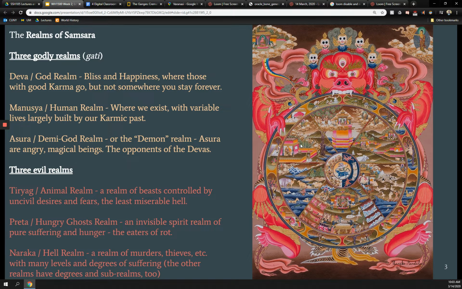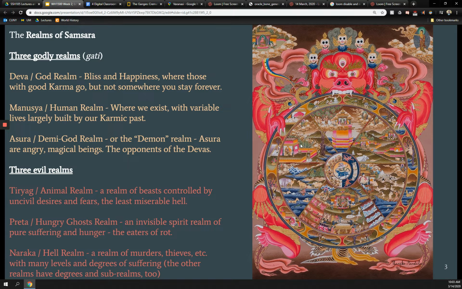So the hungry ghosts eat things like dead bodies. They eat things like rotting meat, rotting fruit and vegetables, rotting food in general. They are one of the causes of disease that we see: you're being inhabited, or you have a hungry ghost hanging out too close to you. You get a disease, especially something that causes you to waste away.